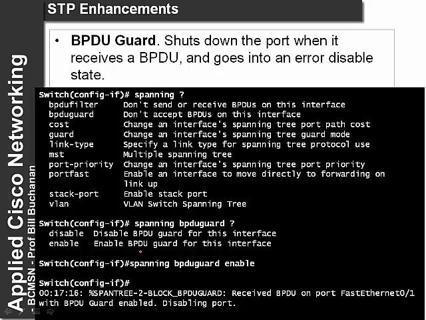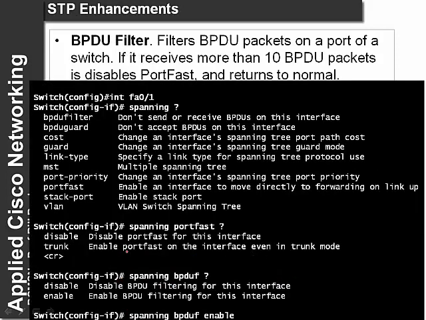So in this case we can set up on certain interfaces whether we have a guard on this and can actually disable the port. We can also have a basic filter. In this case it might be that if it receives more than 10 of these packets, it will disable PortFast and return to normal operation.